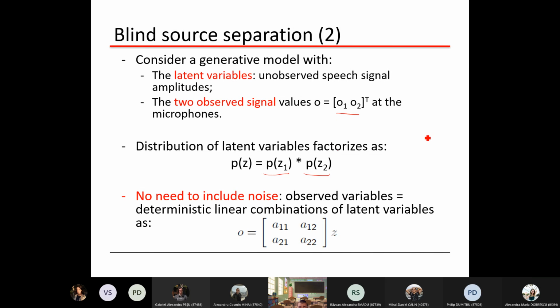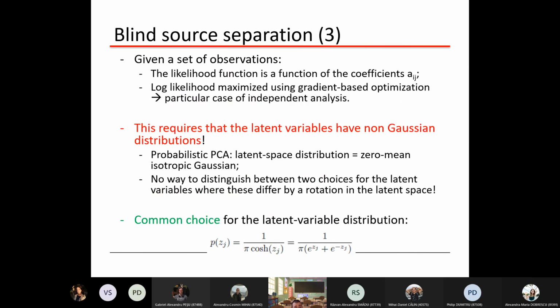So the observed variables will be a deterministic linear combination of the latent variables. We can write O, the amplitudes received by the two microphones, as the amplitudes of the two persons speaking multiplied with Z, which is the latent subspace that we need to identify. And given a set of observations, the likelihood function is a function of the coefficients Aij that we need to identify.